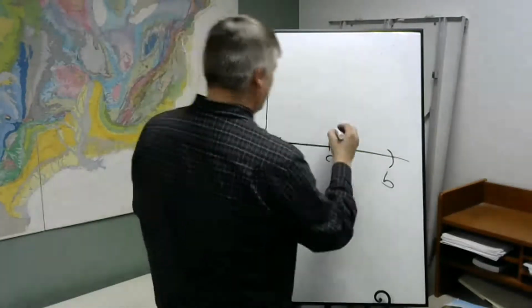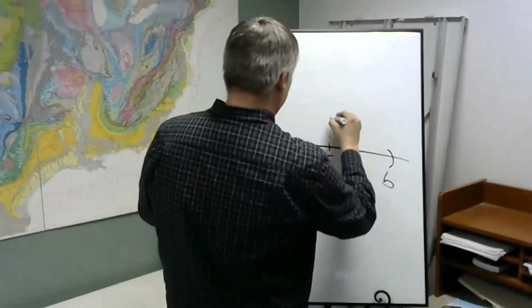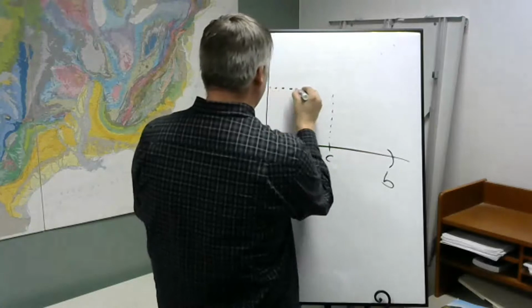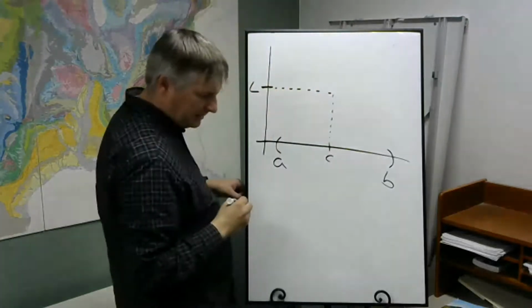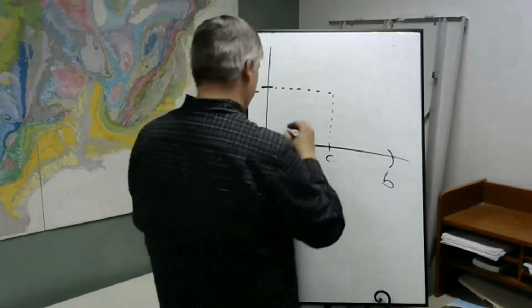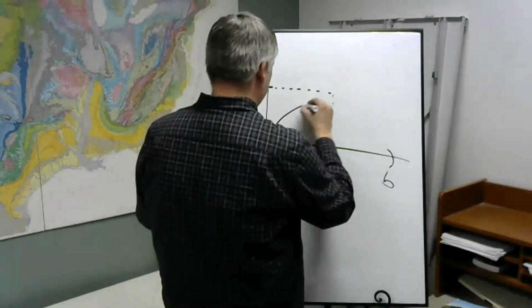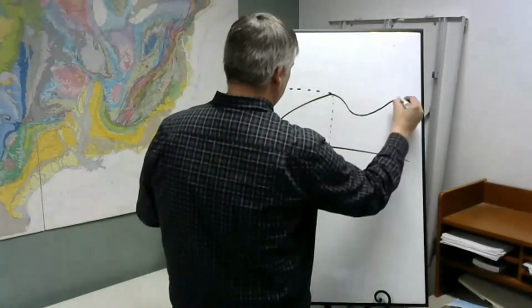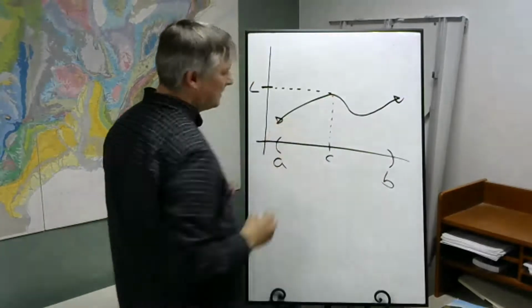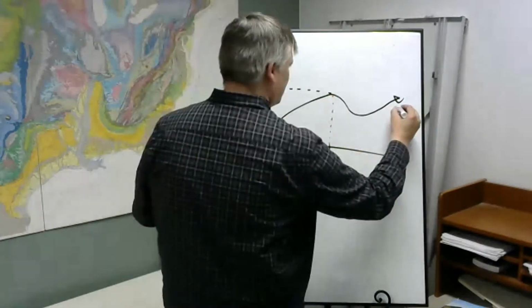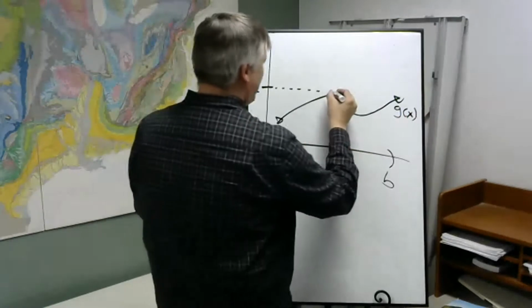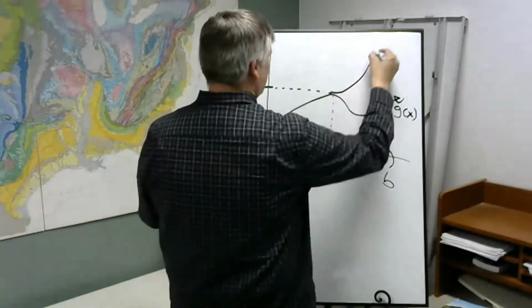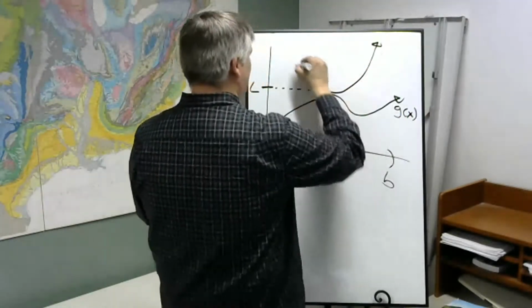So let's say we have something like this, say this is g of x. And then we have something like this.